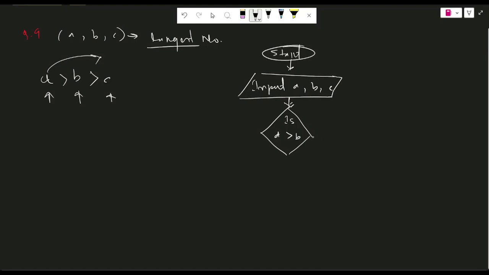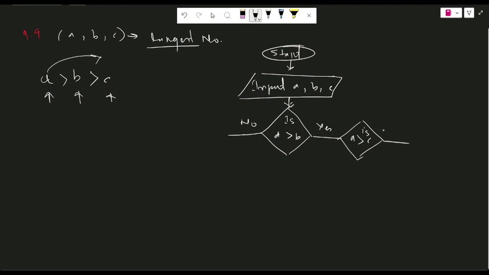There will be 2 ways, where one will be yes, meaning it is correct, and one will be no, which is incorrect. In the yes section we can write another condition, where we are comparing a with c: is a greater than c?